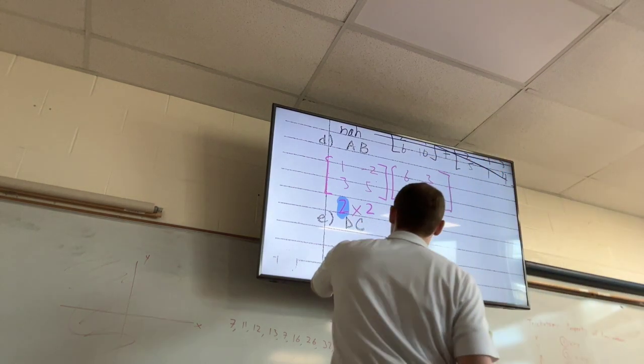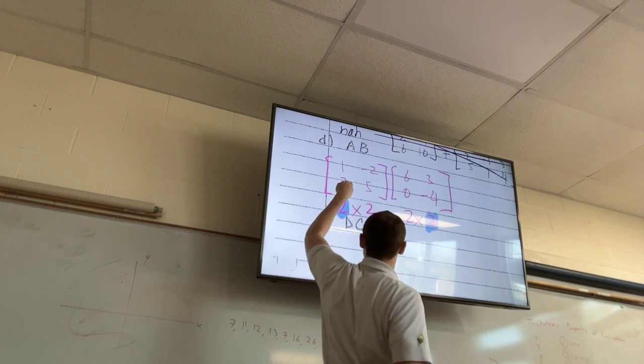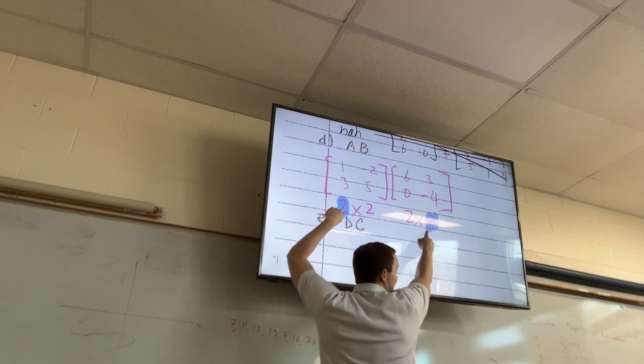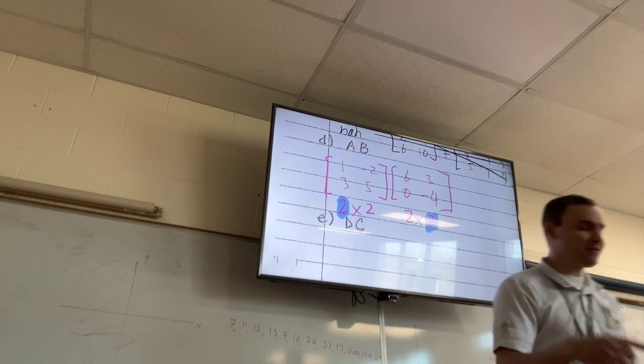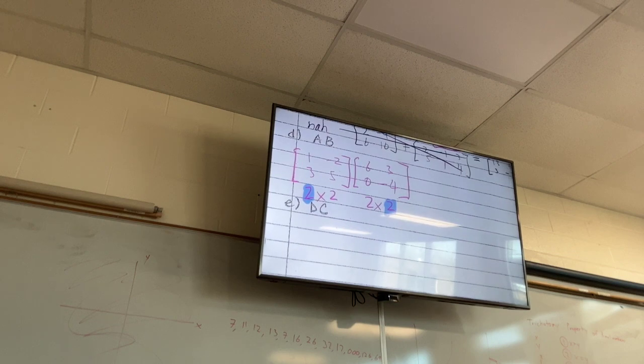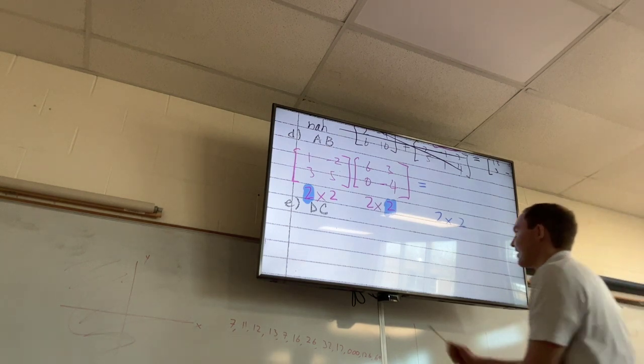So I write down the dimensions of the first matrix, I write down the dimensions of the second, and I need to check to make sure these outside numbers are the same. If they're the same, your final answer is going to be a 2 by 2. You just copy them down.